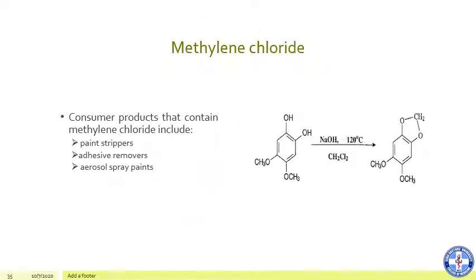Another VOC is methylene chloride. Consumer products that contain methylene chloride include paint strippers, adhesive removers, and aerosol spray paints. And how can this methylene chloride affect the body? It is converted to carbon monoxide and can cause symptoms like headache, dizziness, weakness, abdominal discomfort, vomiting, chest pain, and even confusion.